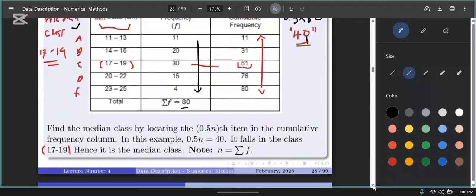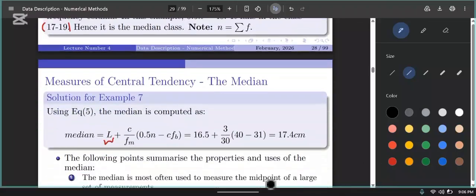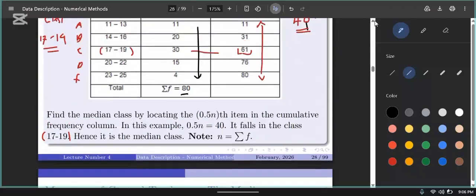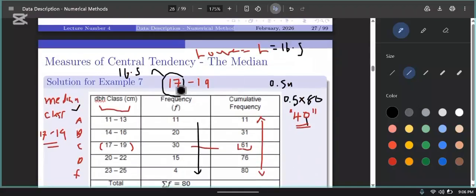So C is the width. What is the width? You look at the class again. The class is 17 to 19. So you count how many values are between 17 and 19: 17 itself, then 18, then 19.